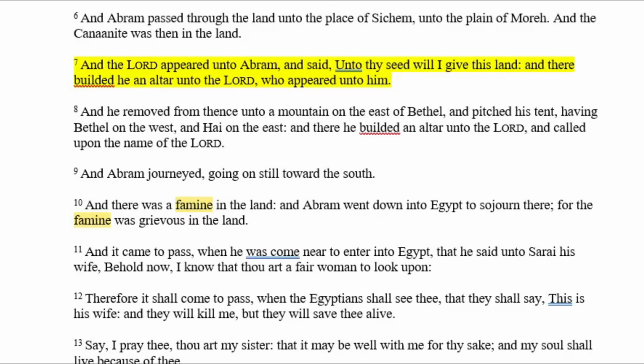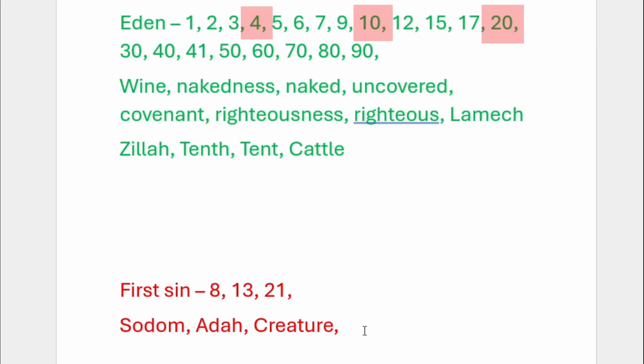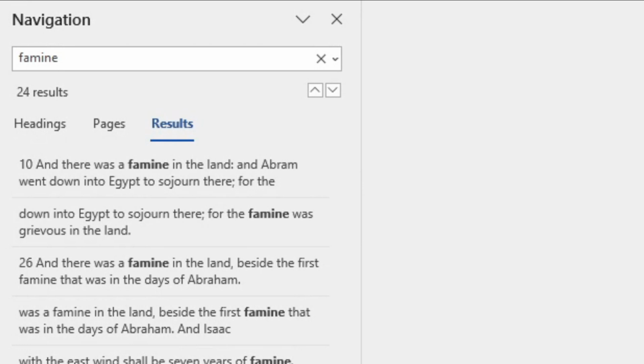There was a famine in the land, and Abram went down into Egypt to live there for a while, for the famine was big in the land. Famine was said twice. Clue, we go look for it. 24, combination of 20 and 4. Famine's a good thing. Famine is before we started living life and making choices and learning that life wasn't our cookies on grandma's lap and playing in the sandbox.